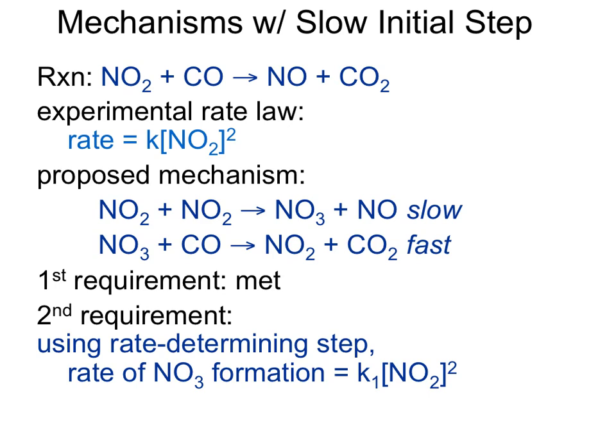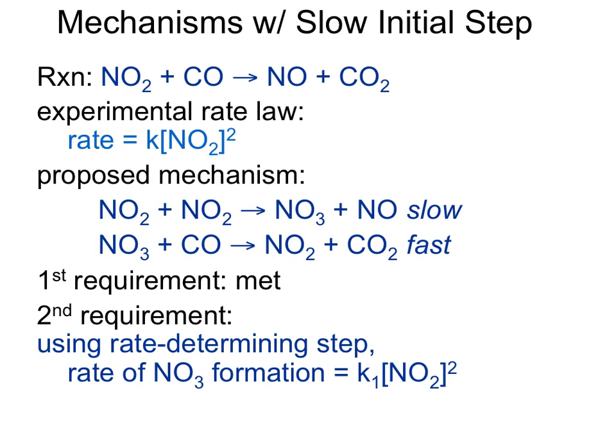Now the second requirement is that the rate law that's determined from this mechanism must be matching or must be supported by the experimental rate law that has already been determined. So how do we do this? Well, we take the slow step in the reaction mechanism, and we utilize the fact that it is an elementary reaction and write the rate law associated with that step.